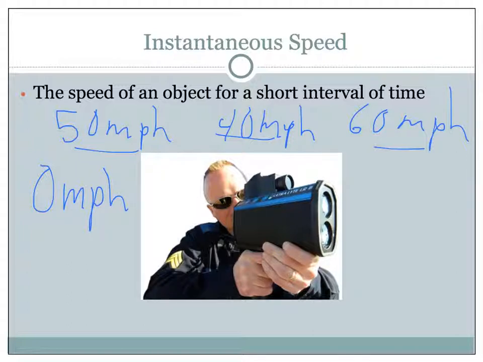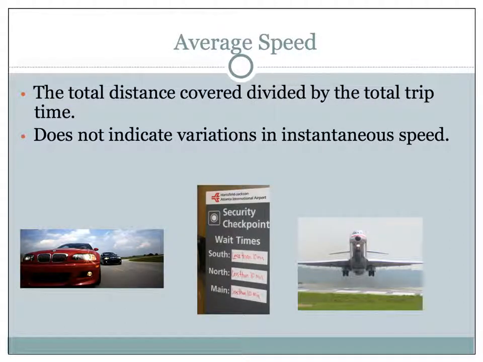So that would be counting as an instantaneous speed as well. Average speed is the total distance covered divided by the total trip time. And when we're looking at that, it does not indicate any variations in instantaneous speed. So slowing down or speeding up is not shown if you're trying to figure out the average speed of something.